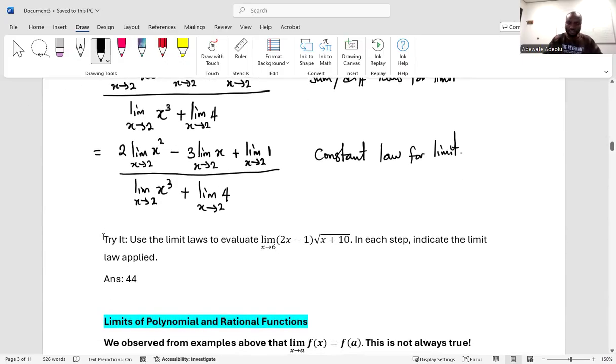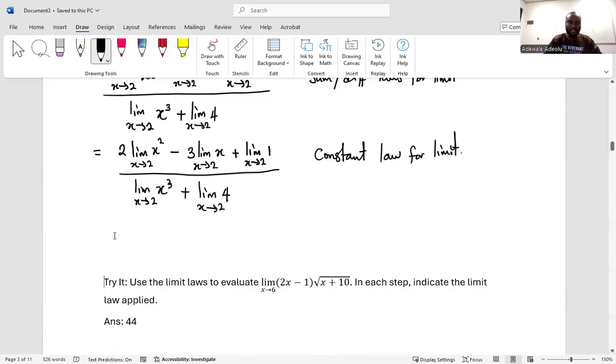Now, if you look at this, the next thing I will need to do is to use the power law. The power law says I can take the limit of this. So I have 2. Now, look at this. I can just raise it to that power, right? Now this x is a linear function.